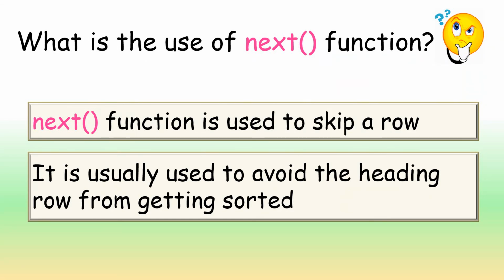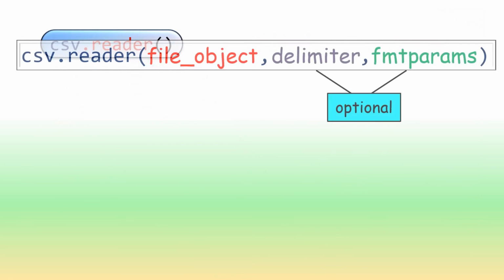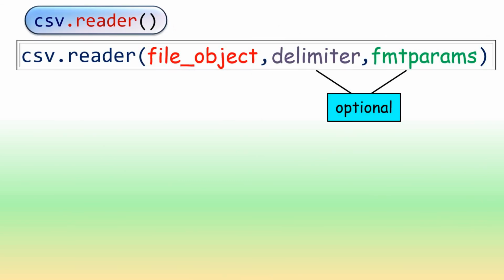So in this session, you learnt about the csv.reader function. The syntax of the reader function is as follows. The reader function has 3 parameters: file object, delimiter, format parameters. Delimiter and format parameters are optional, and also you learned how and when to use these parameters.